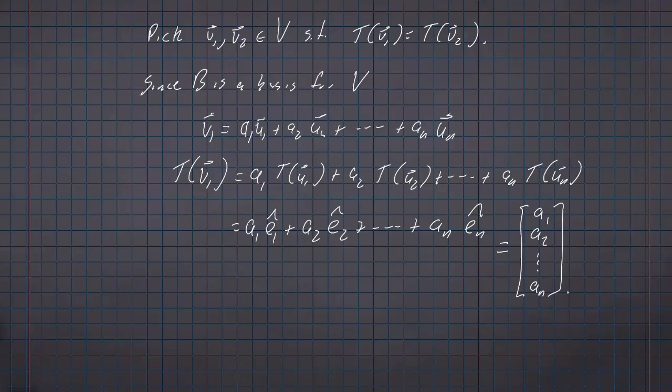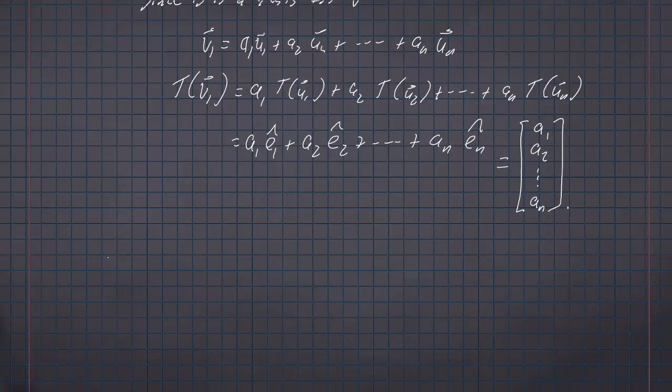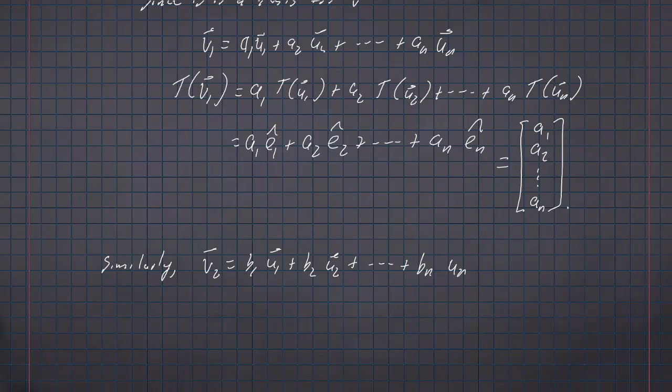I'm not going to go through and write everything out again. But similarly, because we have a basis, we can find the linear combination b1 u1 plus b2 u2 all the way down to bn un, which is a representation of vector v2, and we can evaluate our linear transformation T on v2.